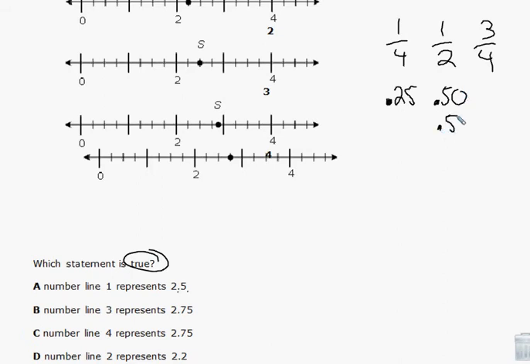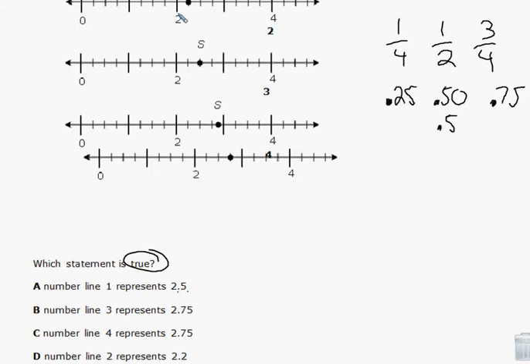Same thing, 5/10. And 3/4 is 75 cents. So it looks like a lot of my answer choices down here have something to do with one of our benchmark fractions.